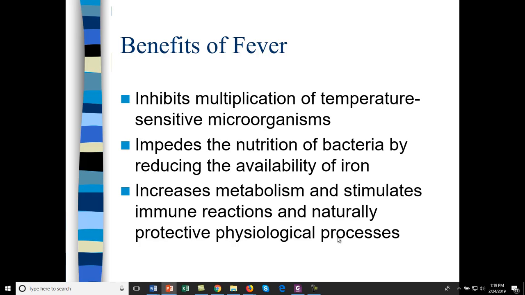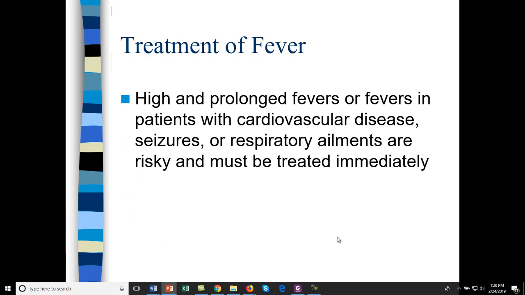This reduces the bioavailability of iron. All organisms have iron, and so by reducing the bioavailability of iron, we're able to kill the organisms. And by increasing the metabolism, you're increasing overall immune reactions, not only to kill the microbes, but also to suppress them. So there are benefits to fever.